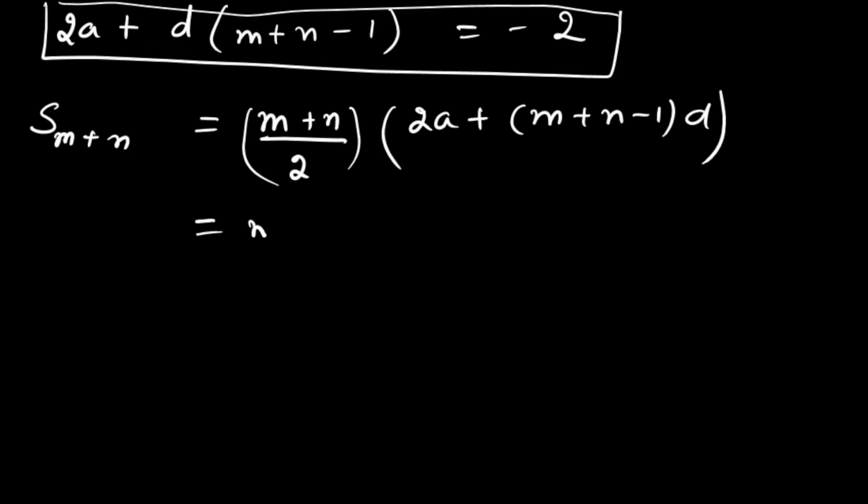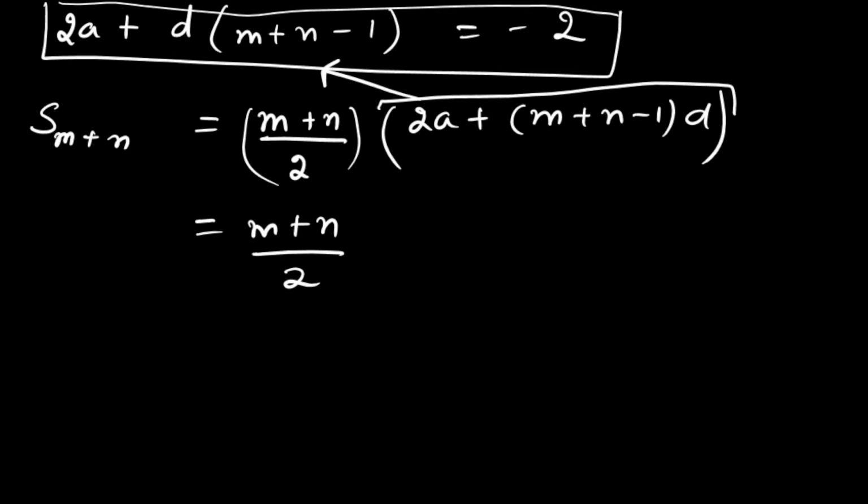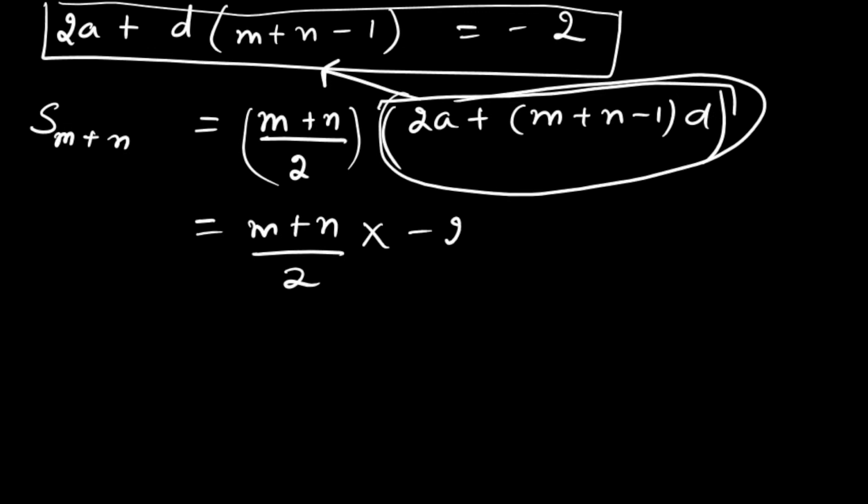So m plus n by 2. Now if you see this thing, this is the same thing which we have gotten here, 2a plus m plus n minus 1 into d. So what is the value of this part? This part's value is minus 2. From above equation, I can write this as equation number 3.